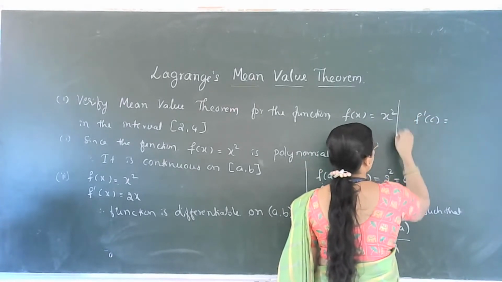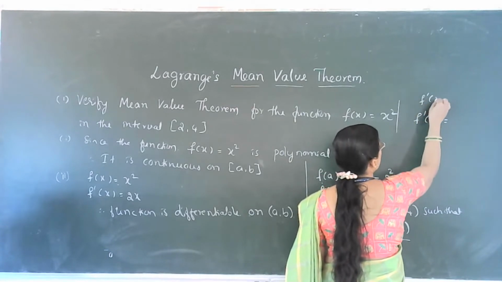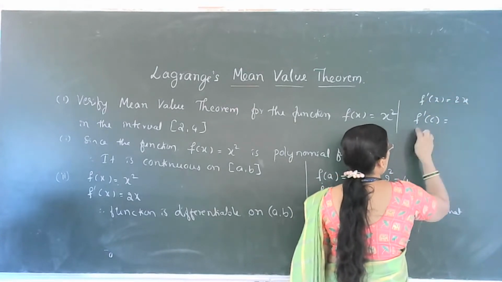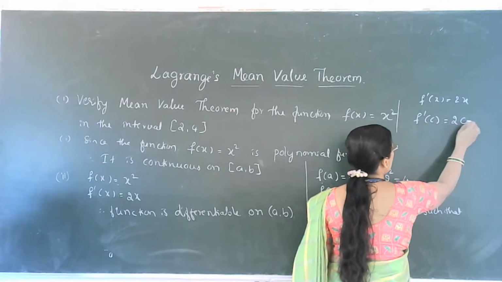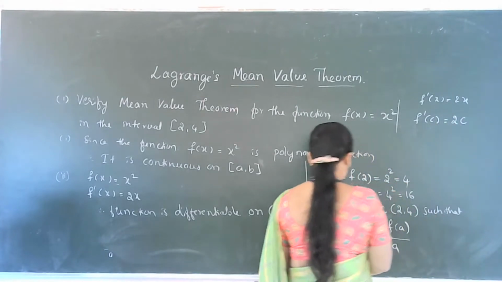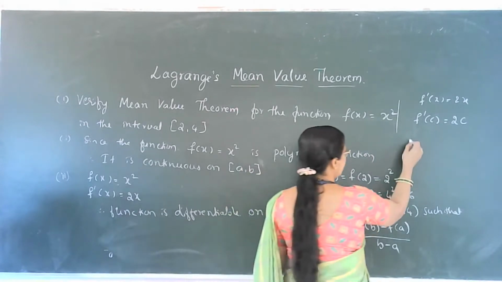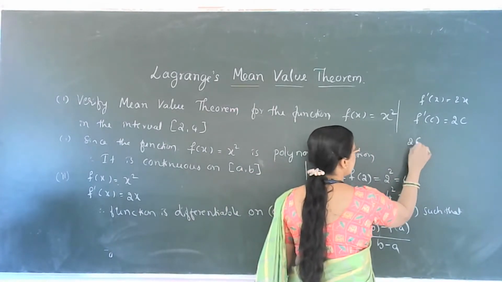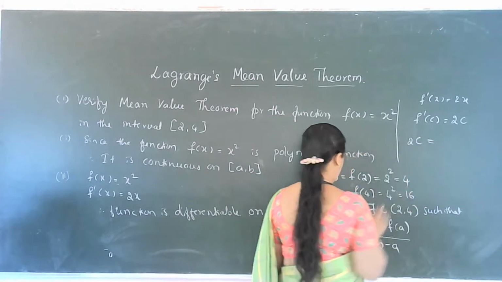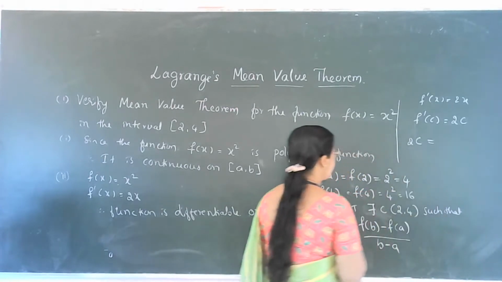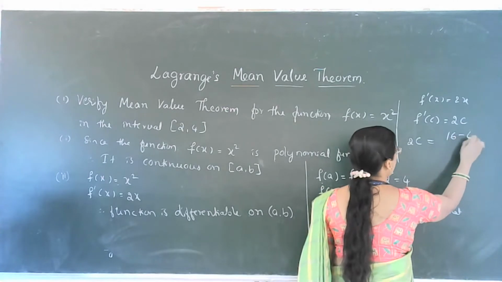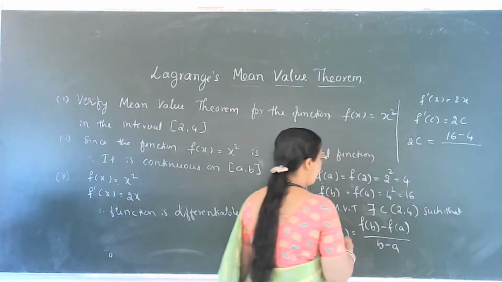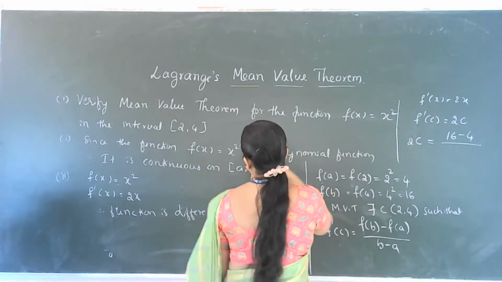You already know f dash x is equal to 2x. So f dash c, replacing x by c, is equal to 2c. Therefore, I put these values in f dash c: 2c is equal to f of b, which is 16, minus 4, divided by b minus a.